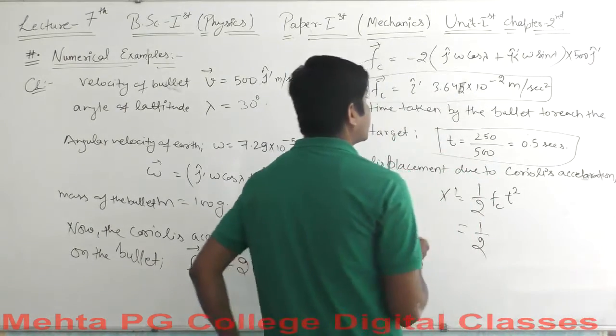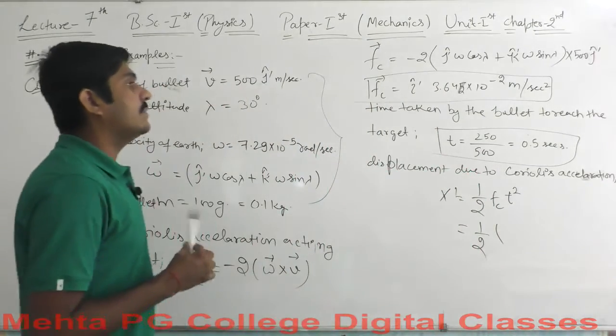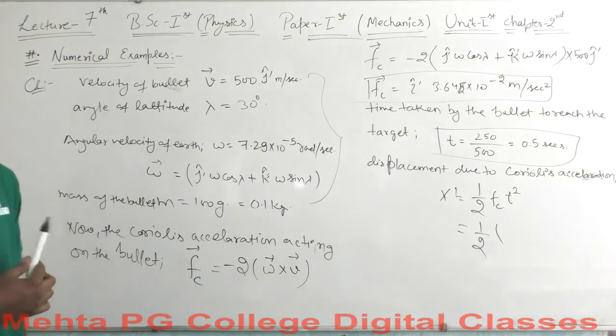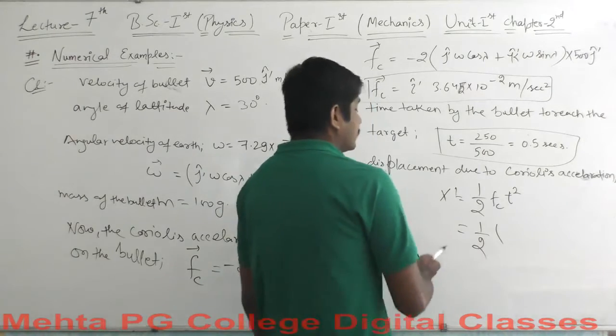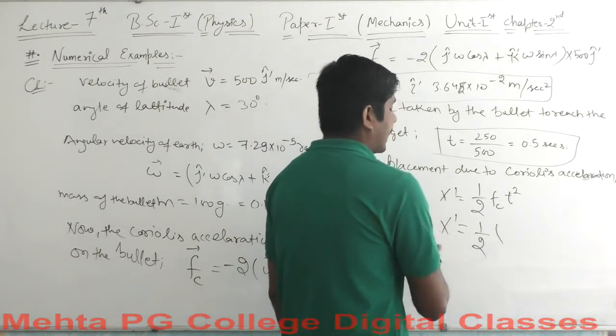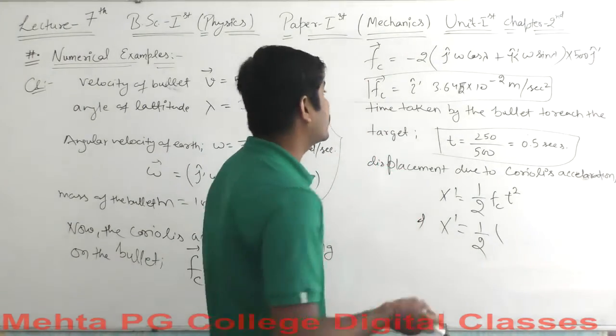What is the value of fc here? We check only the magnitude value here. We are not going through the directional values. If we wish to go through the directional value, that will be a vector quantity. We are not going to deal with that, because x dash itself gives you a direction, the eastward direction. So we do not need to mention the i cap or the j cap here any longer.